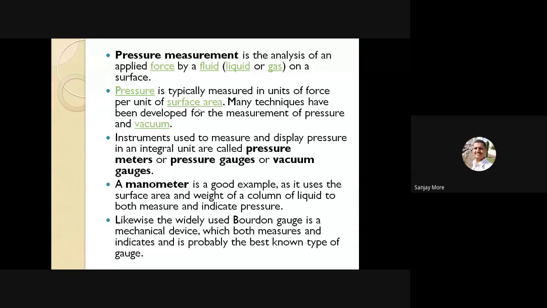If pressure is measured in units of force per unit of surface area, the air pressure changes with different surface areas.